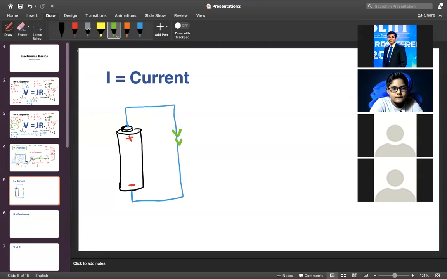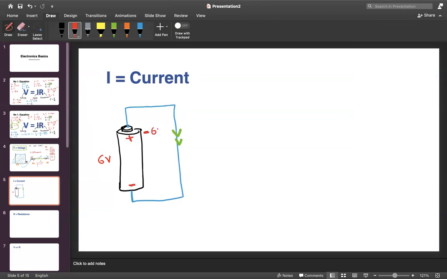So if this battery is, let's say, a 6-volt battery, here the voltage is 6, in the positive side.